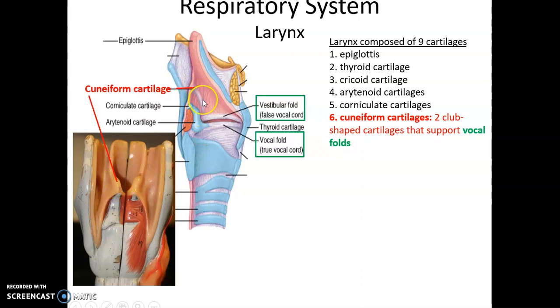They are a bit more on the lateral walls of the larynx, and they help to provide structural support for the vocal folds. And so those are the 9 cartilages that make up the larynx: the epiglottis, the thyroid cartilage, the cricoid cartilage, the arytenoid cartilage, the corniculate cartilage, and the cuneiform cartilage.